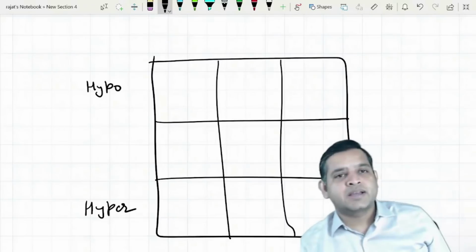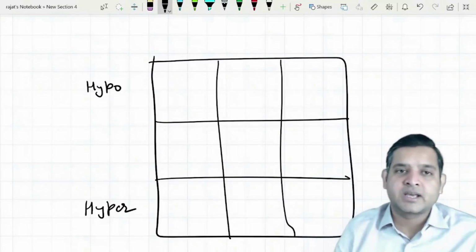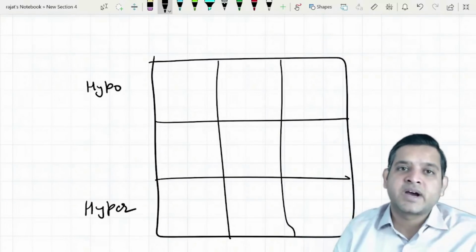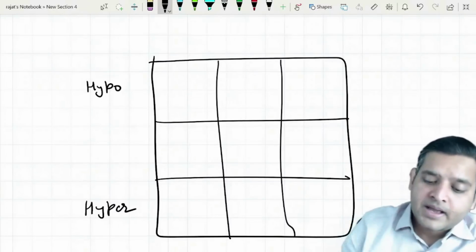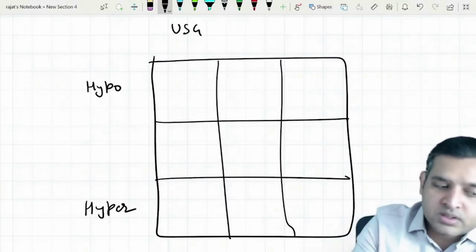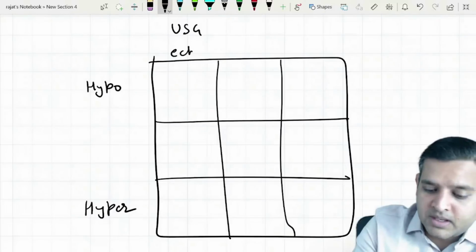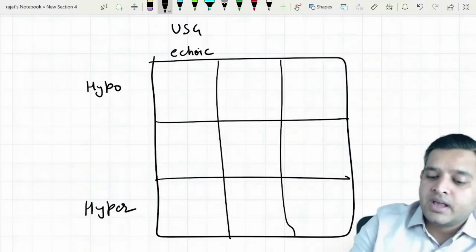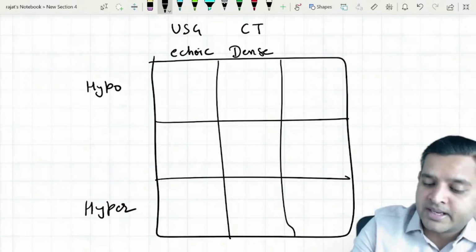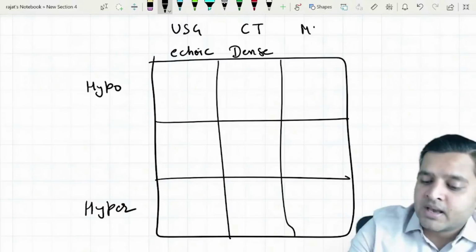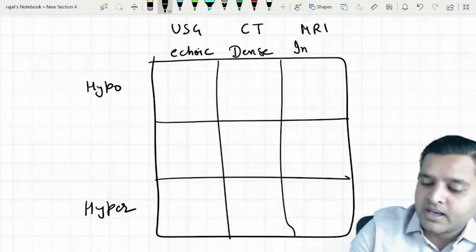If it is ultrasound, the terminology will be echoic. If it is CT scan, the terminology will be dense. If it is MRI, the terminology will be intense.